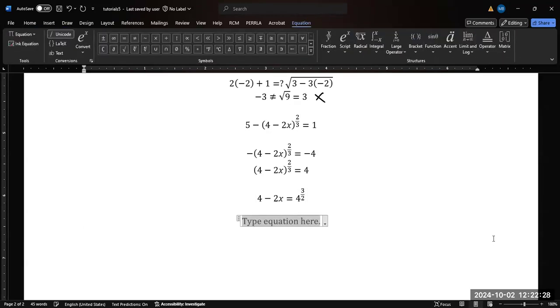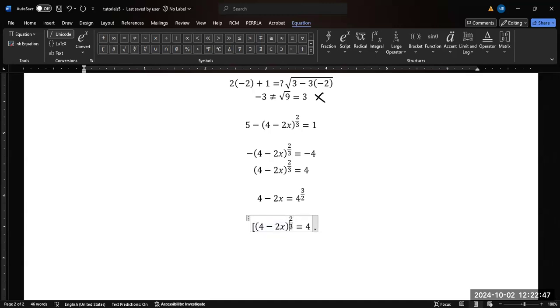So really what's happening is you're taking the 4 minus 2x to the 2/3 power, and you're going to cube both sides.